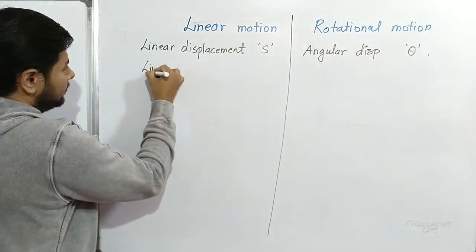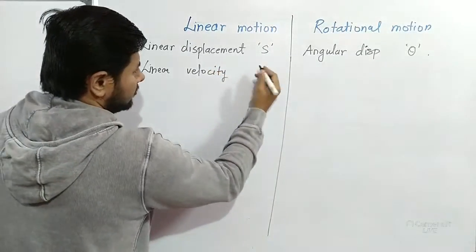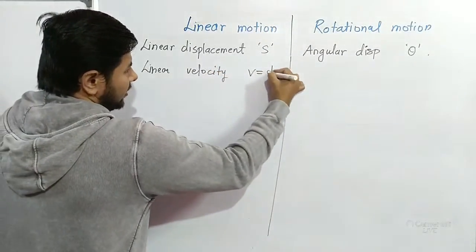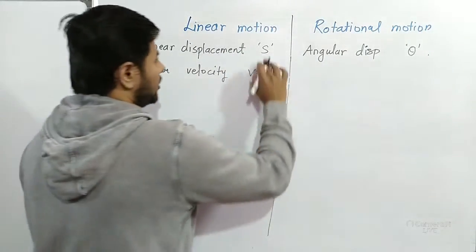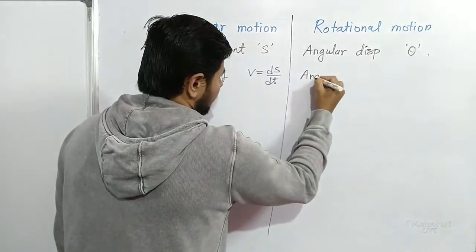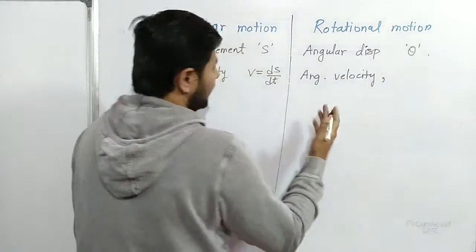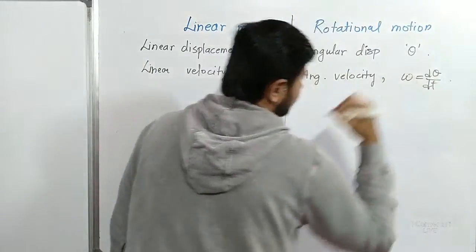Linear velocity is v, which is ds by dt, or if you take x, then it is dx by dt, and angular velocity is omega, which is d theta by dt.